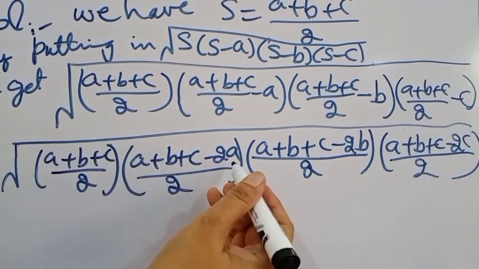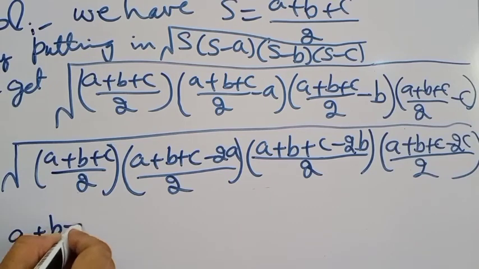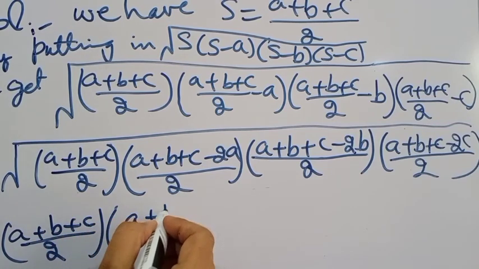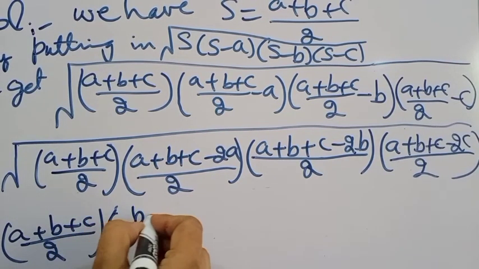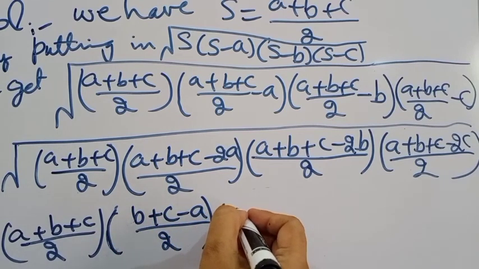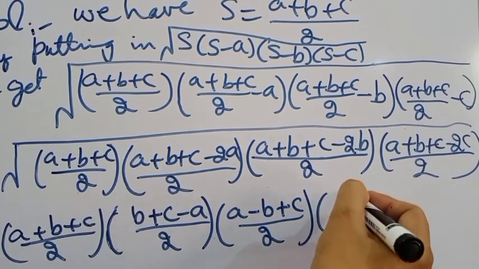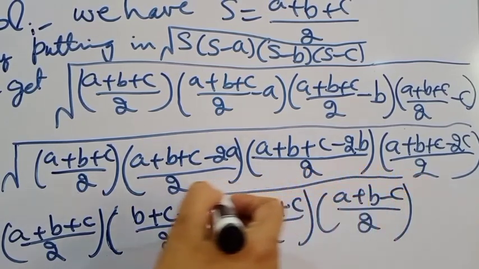Next we simplify these terms. We observe that A plus B plus C divided by 2, B plus C minus A divided by 2, A minus B plus C divided by 2, A plus B minus C divided by 2, and this is under the root.